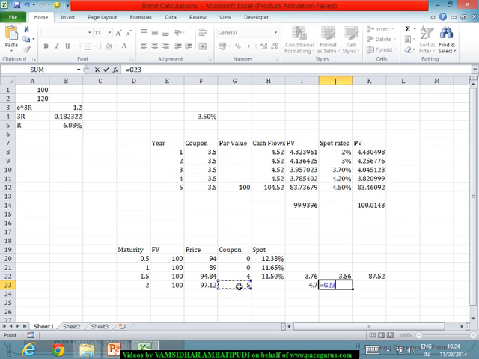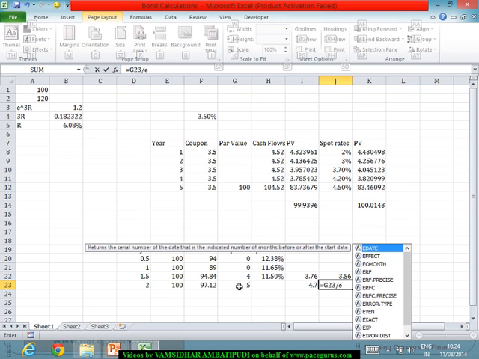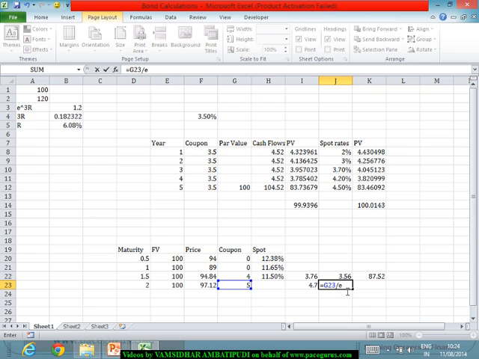5 divided by e to the power of r2 into 1. Then we have 5 divided by e to the power of r3 into 1.5.